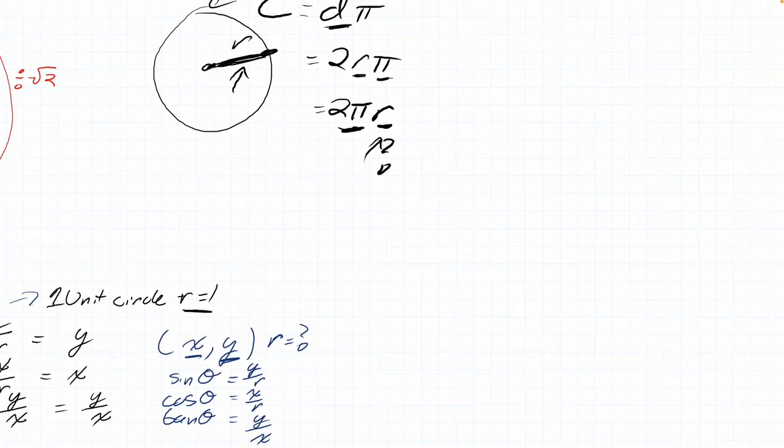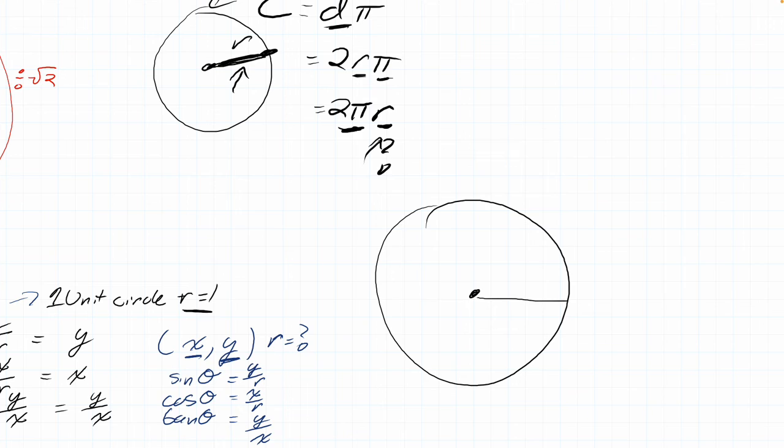Well, it turns out r, or radius, is the distance around an arc that is the same, call it a radian. This distance around the arc is the same distance as this leg here, which is the radius.